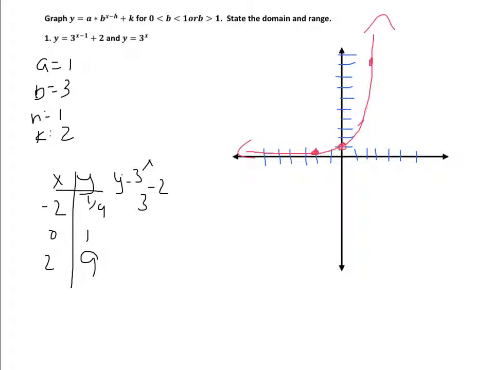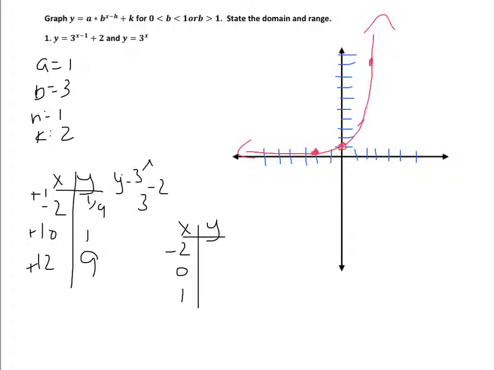Now there's two different ways. You could just pick the same three numbers for the next one, or think about the shifts that are going on here. So I started with this. That positive 1 means move right 1, so add 1 to all these.